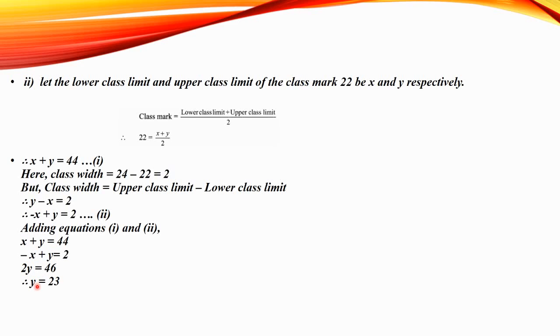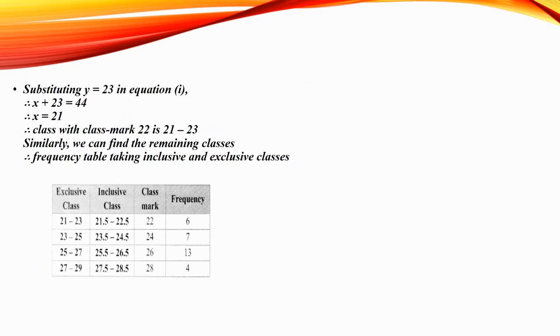Dividing by 2, we get y is equal to 23. Substituting y equal to 23 in equation 1, we get x plus 23 is equal to 44. Therefore, x is equal to 21.